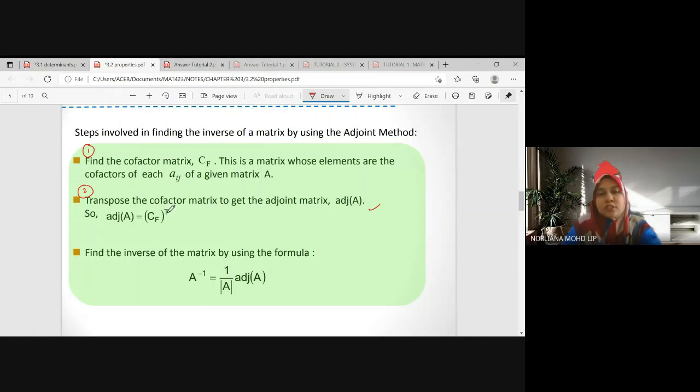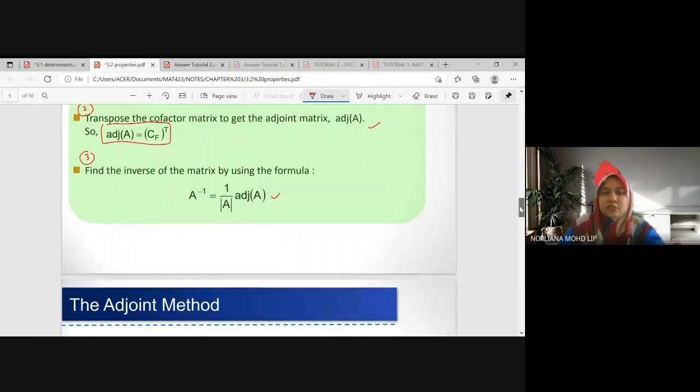The transpose of the cofactor matrix is equal to the adjoint matrix. And the third step, find the inverse of the matrix using the adjoint formula, 1 over determinant of A times the adjoint of A.